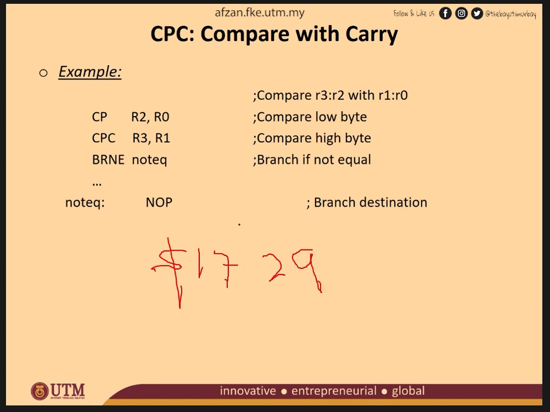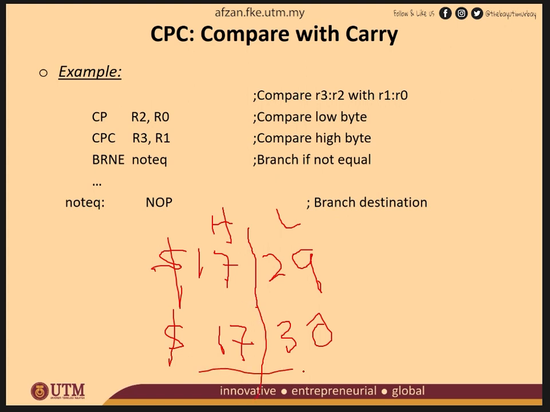Since this is a 16-bit number, for example, 1729, you can divide it into two parts. One is the low byte and the other one is the high byte. And then this is another 16-bit number, for example. Again, one is the low byte, the other one is the high byte.